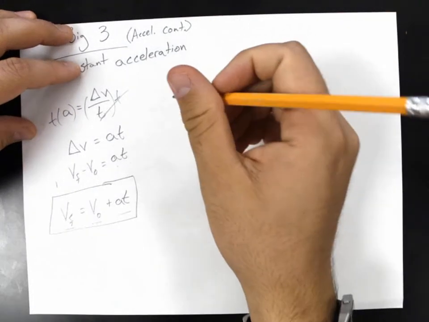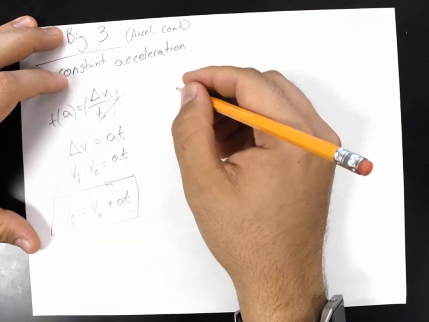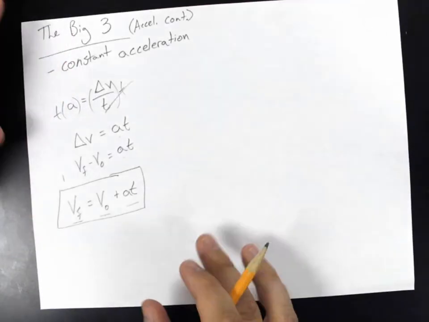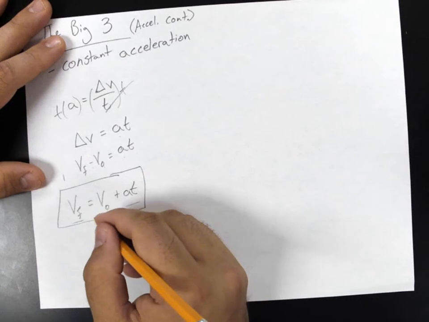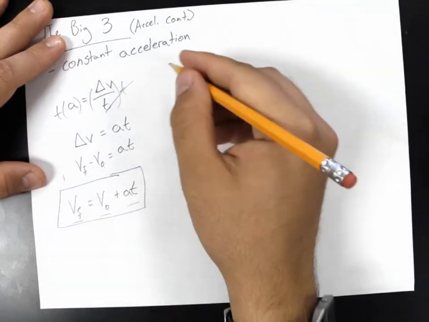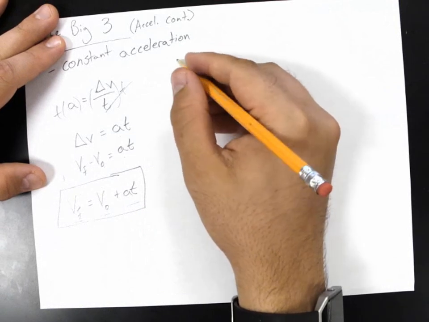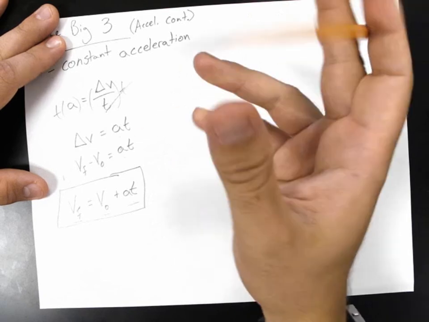Now, I'm not going to necessarily derive the second one. Suffice to say, if you take the integral of this particular equation, you use some calculus on it, you will find another equation that looks like this.